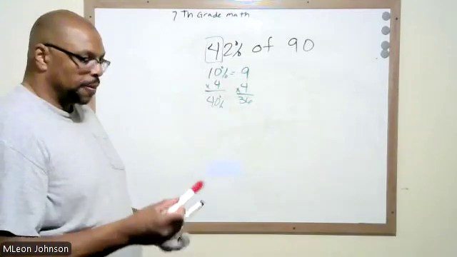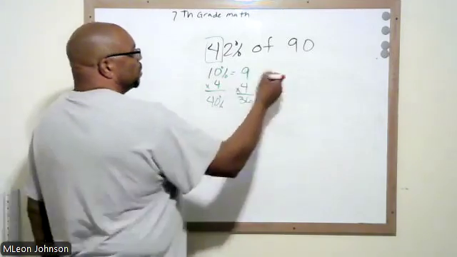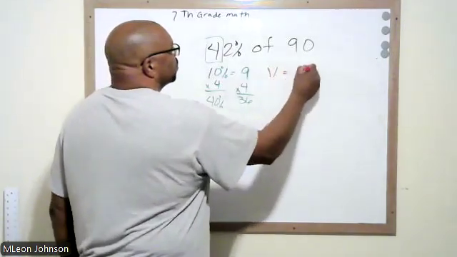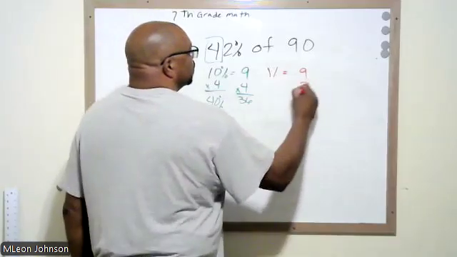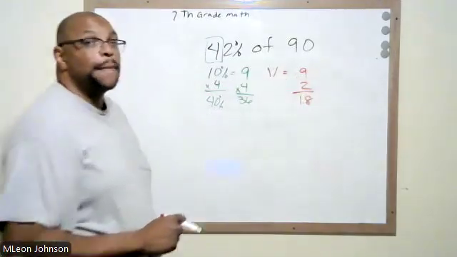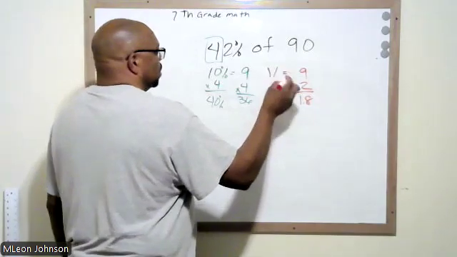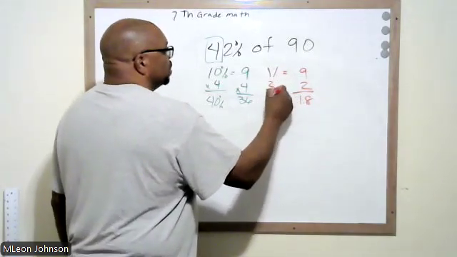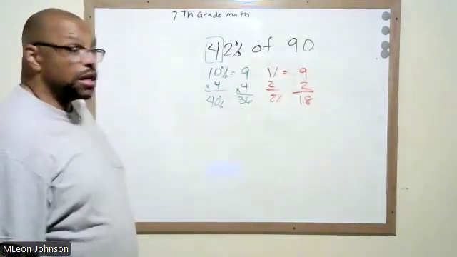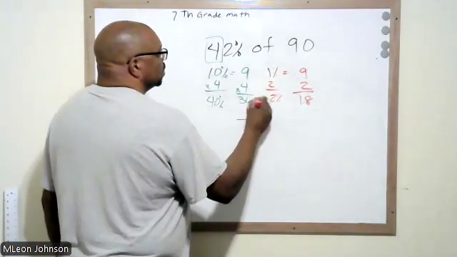Quite simple. The next part we're going to do is 2%. Do you know what 1% is equal to? 0.9. We have 2 of them, so it ends up 18. With the decimal, it's 1.8. So we know 40 plus 2 is 42%. Therefore, we'll add 36 to 1.8.